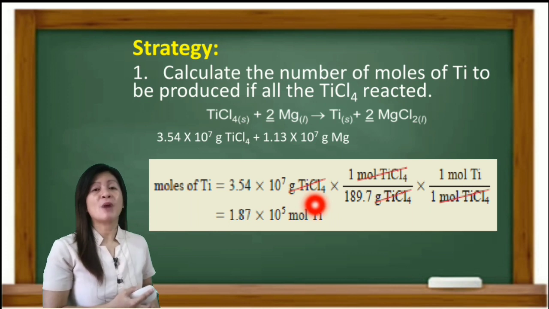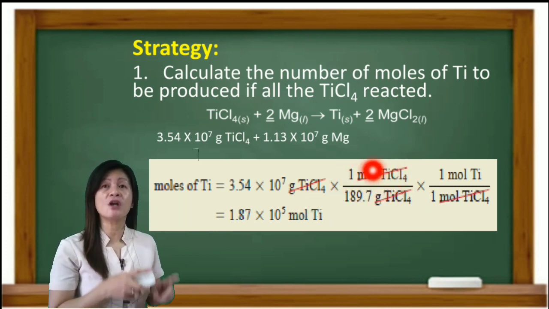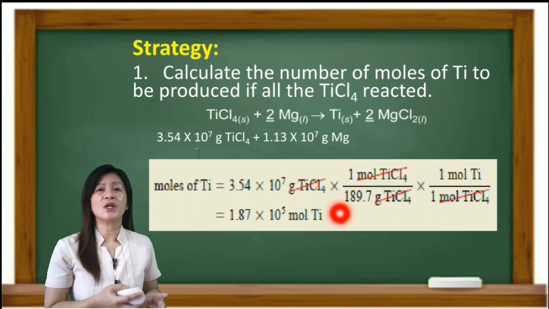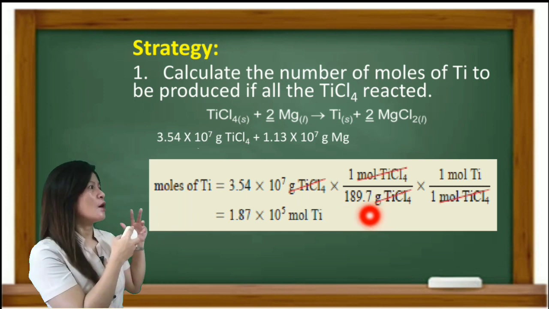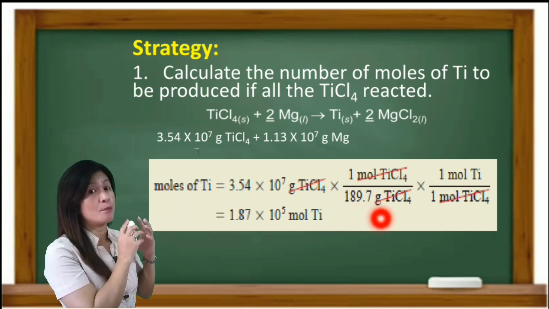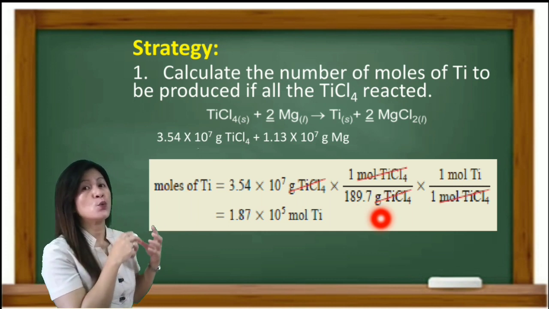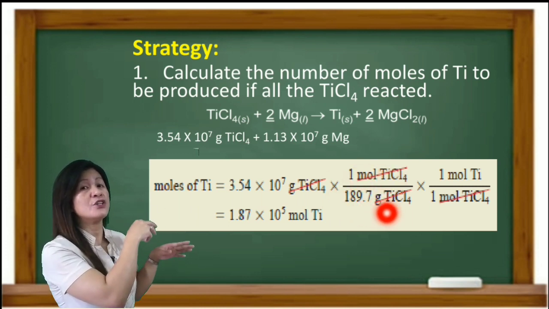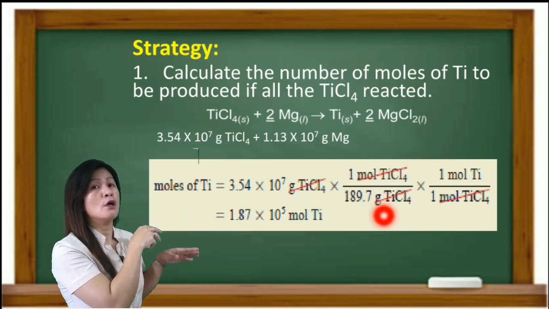Let's multiply that by the ratio of 1 mole of titanium(IV) chloride to its molar mass. The molar mass is 189.7 grams. So let's use the conversion factor from the mole-gram relationship for titanium(IV) chloride: 1 mole titanium(IV) chloride over 189.7 grams of titanium(IV) chloride.